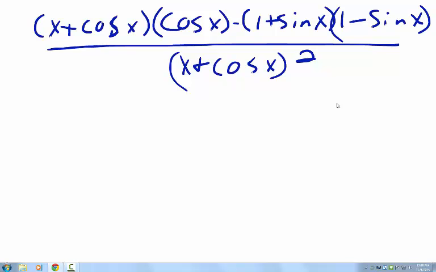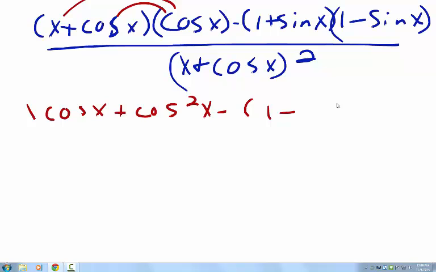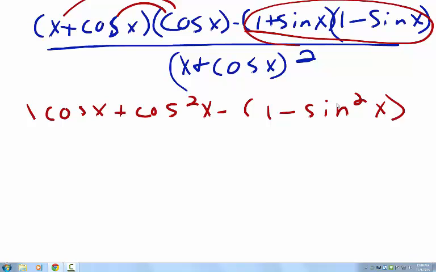If I distribute cosine of x across both terms, I get x cosine of x plus cosine squared x minus 1 minus sine squared x, since we have 1 minus sine x times 1 minus sine x in our numerator.